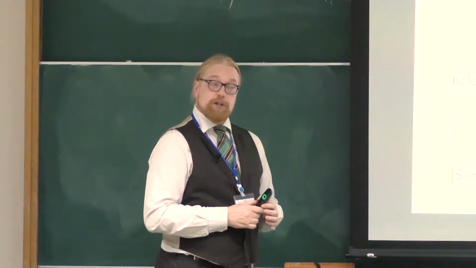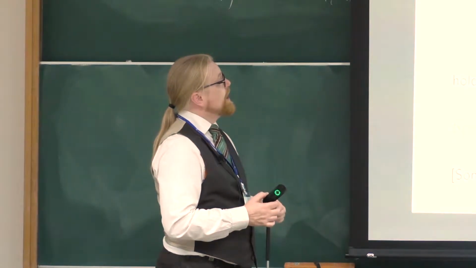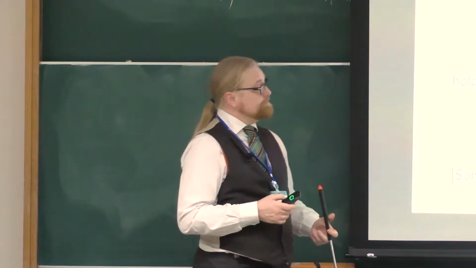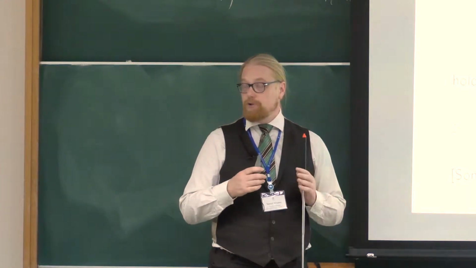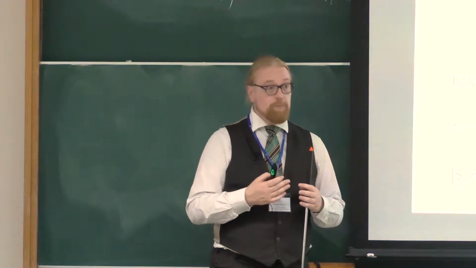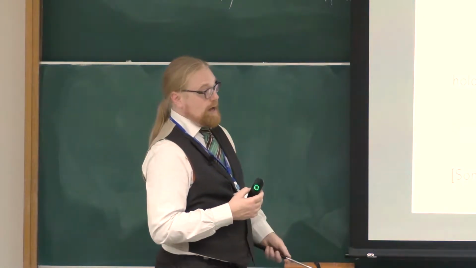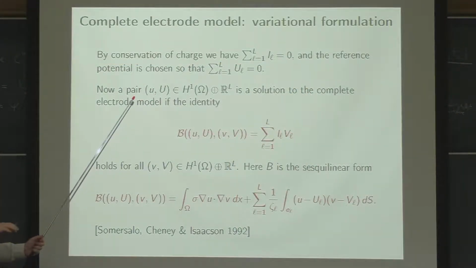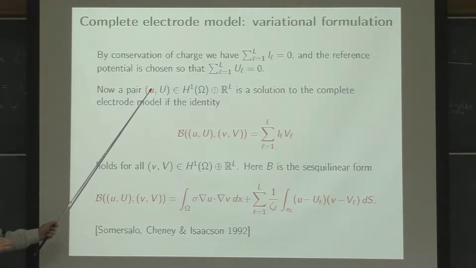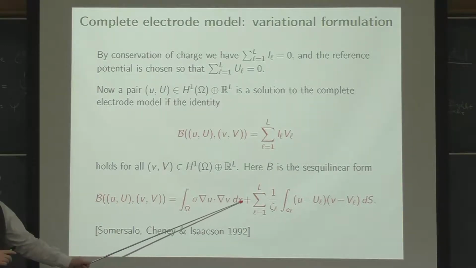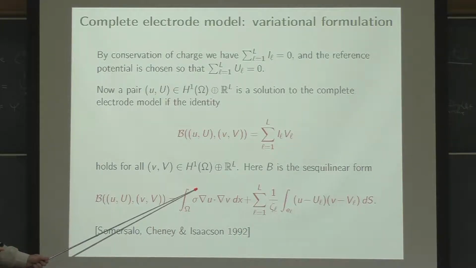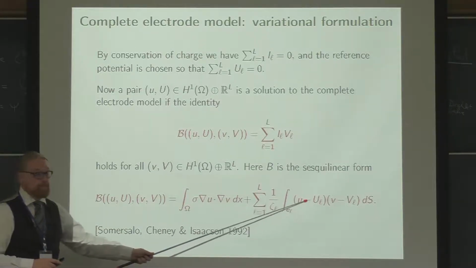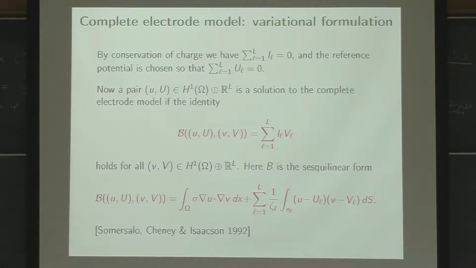And then there's a special variational approach to the complete electrode model. There's a little extra compared to the standard theory of elliptic PDE, where you would have just the function U inside, and in the variational form you would have something like this. But now there's something extra related to the U at the boundary.